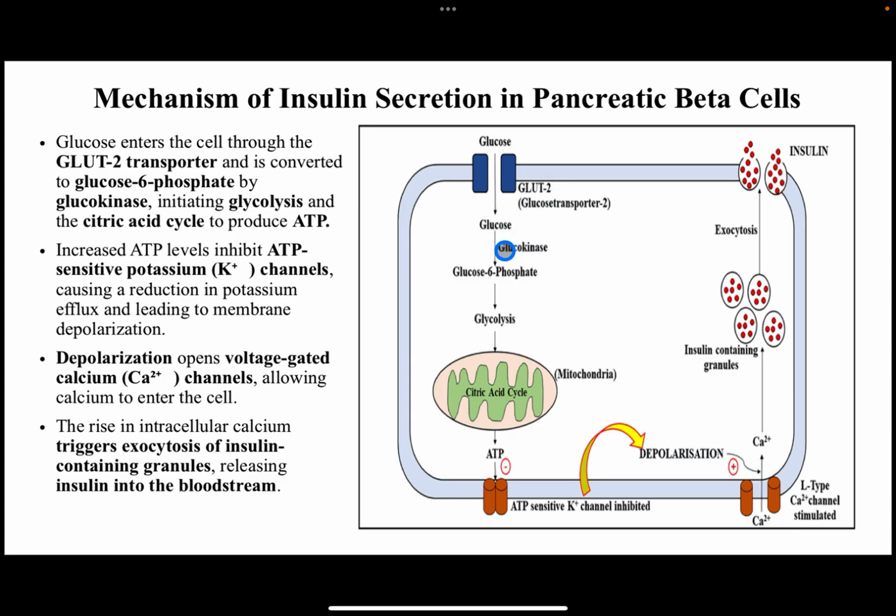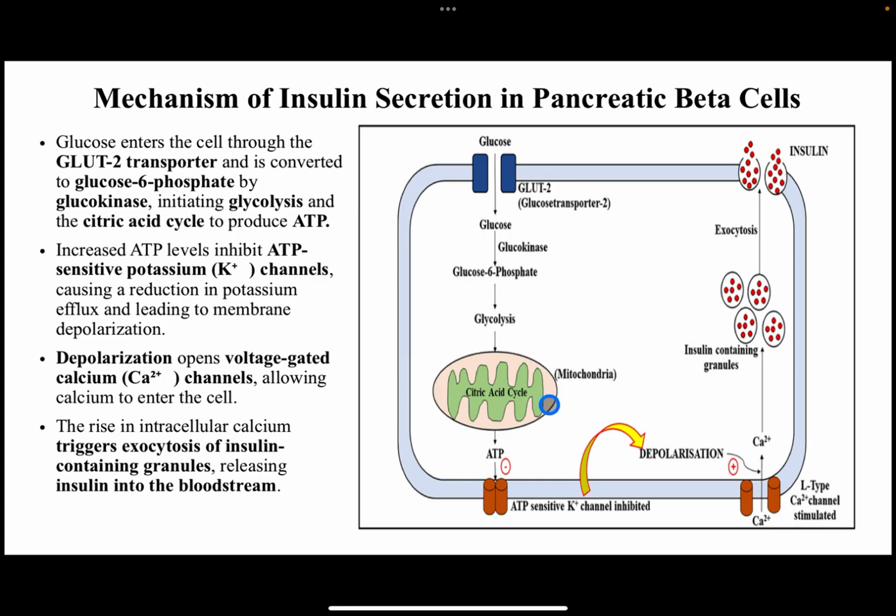Now, the glucose will be converted by glucokinase into glucose 6-phosphate. That is phosphorylation. Then glycolysis will occur, whereby the glucose 6-phosphate goes to the mitochondria of the beta cell.